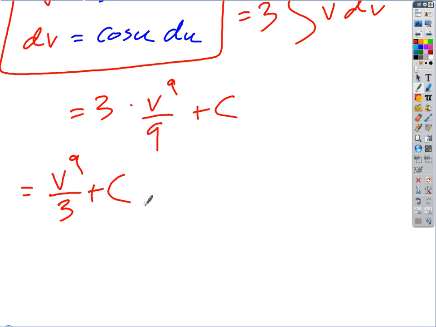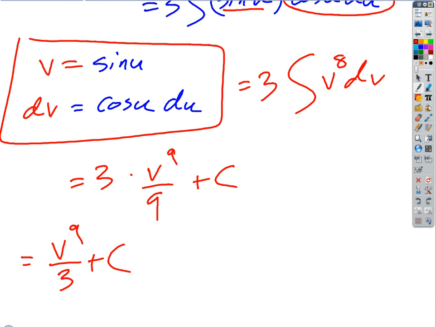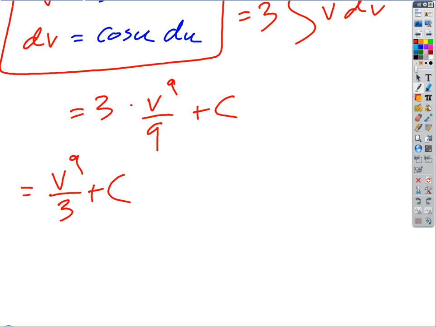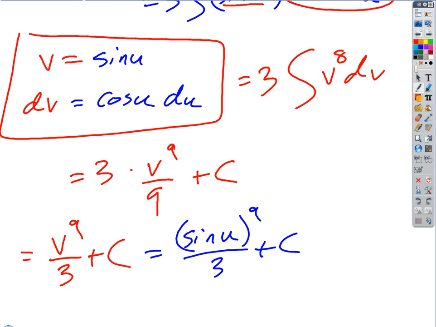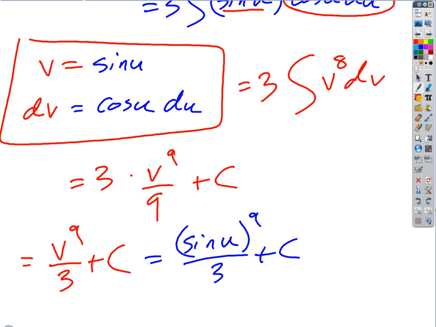Now all we have to do is reverse those substitutions. So if we go from v's back to u's, every v needs to become a sine u, right? And so that looks like sine u to the 9th over 3 plus c. And then if I reverse that all the way back to x's, u is just x over 3.